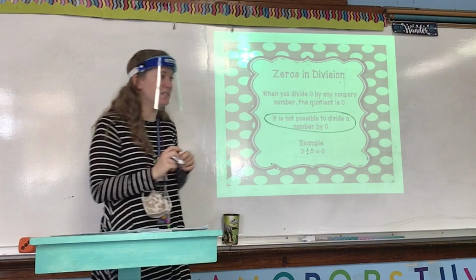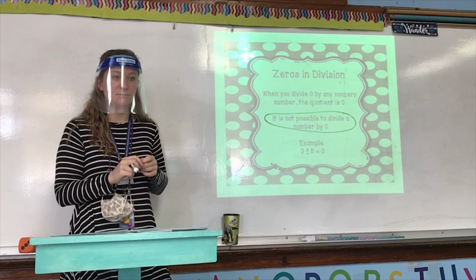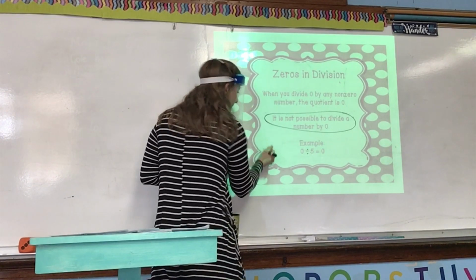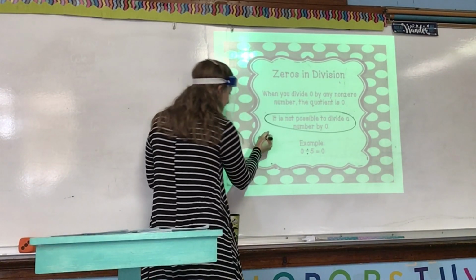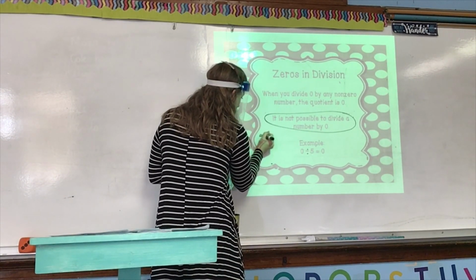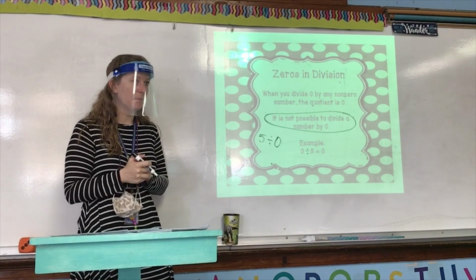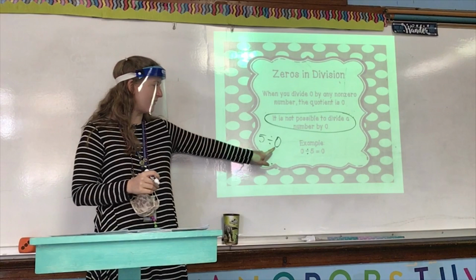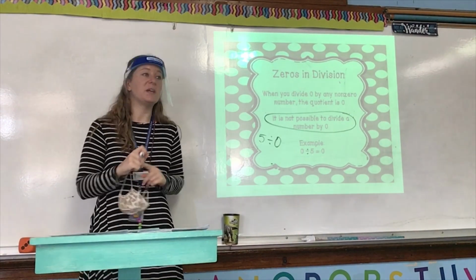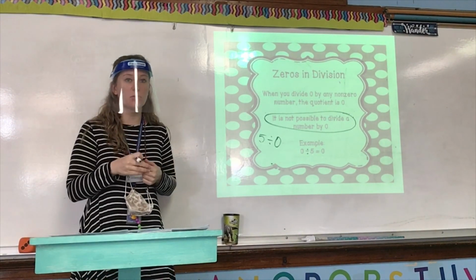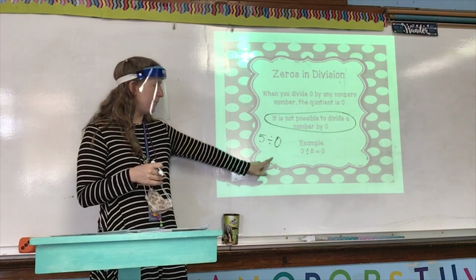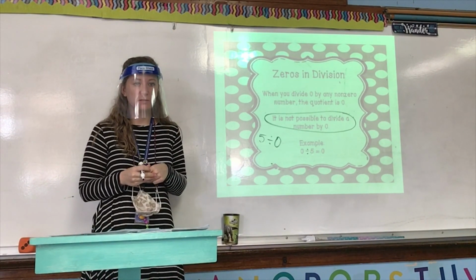It is not possible to divide a number by 0. You cannot do this. Do not write this. You cannot have a 0 as a divisor because the divisor tells you how many groups you're putting it into. Can I put something into 0 groups?